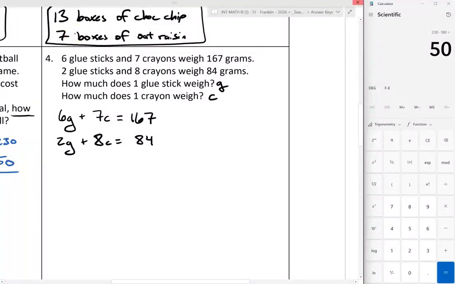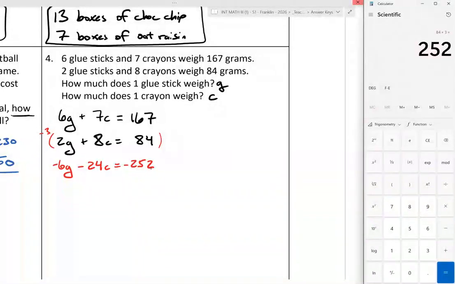Now to solve this, it looks like I can multiply this bottom one by negative 3. That'll give me negative 6G minus 24C equals negative 252. Go ahead and check that. 84 times 3, 252.